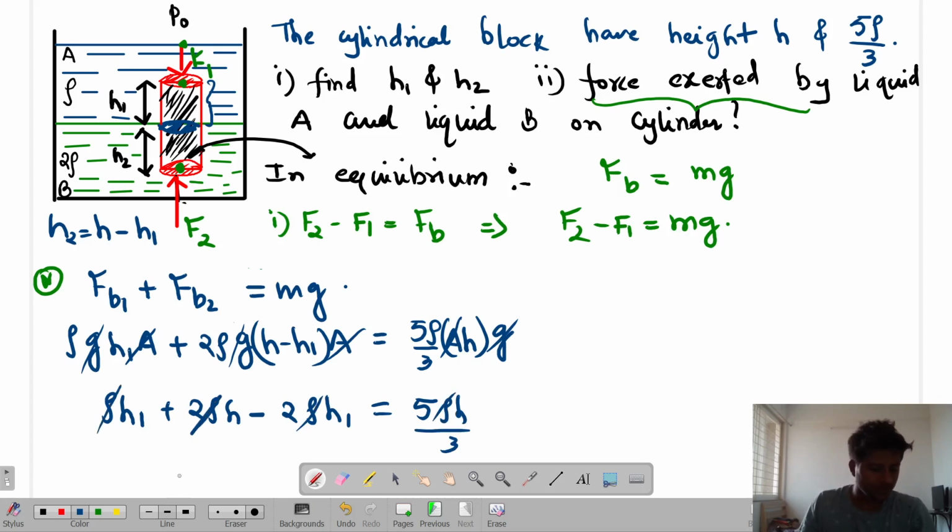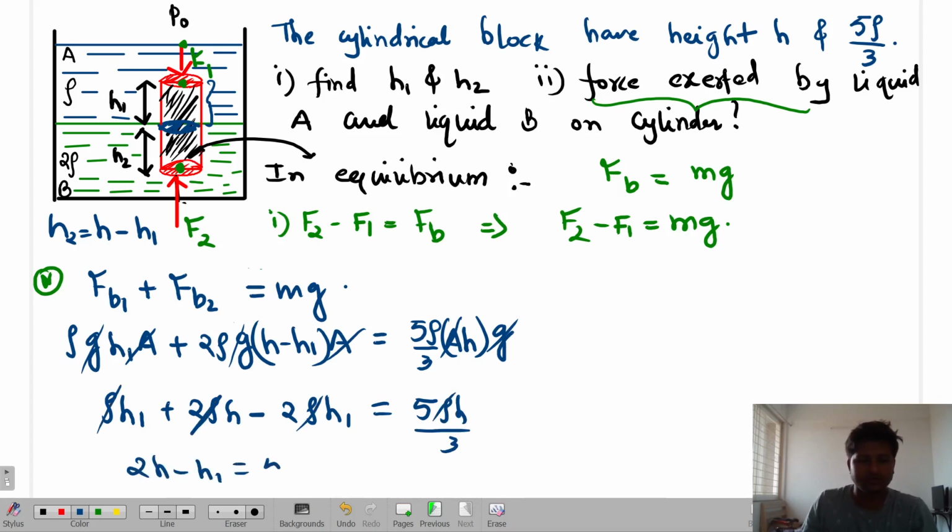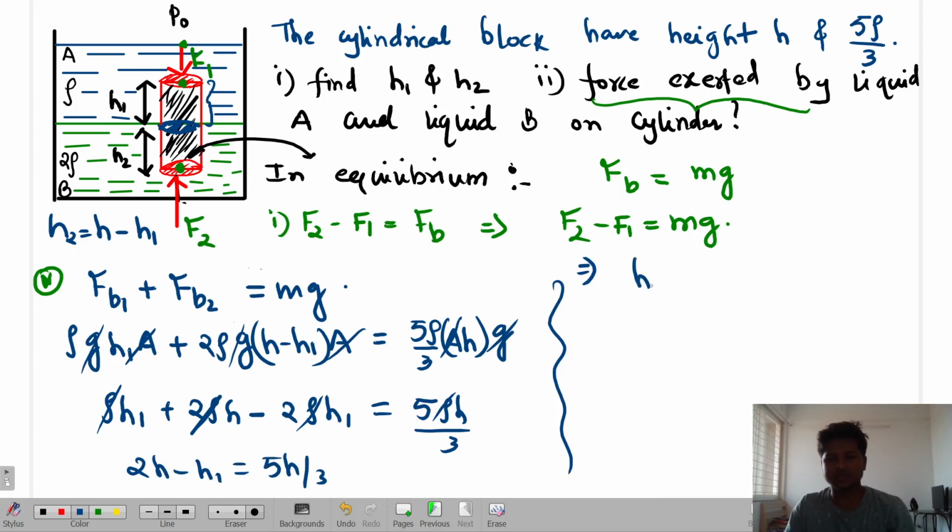So you will be left with twice h minus h1 is equal to 5h by 3, and if you just interchange, what I'm going to get is h1 is equal to h by 3, and this implies h2 is equal to how much? Twice h by 3. Are you able to get me or not? Did you get the idea?